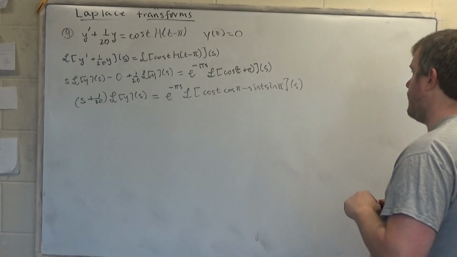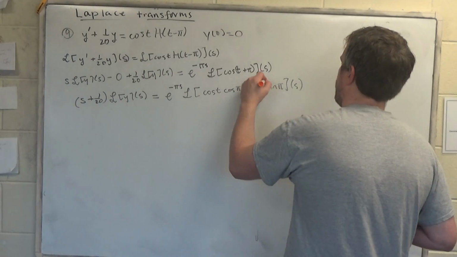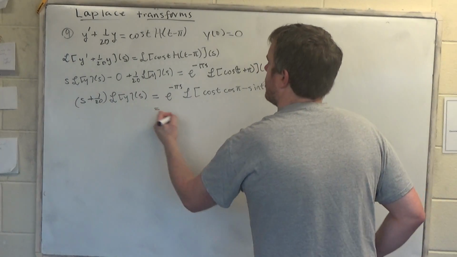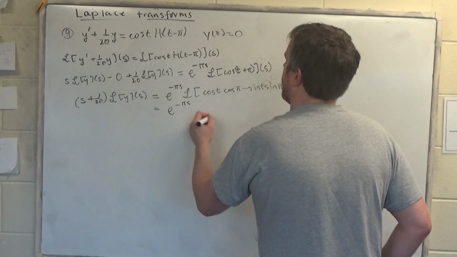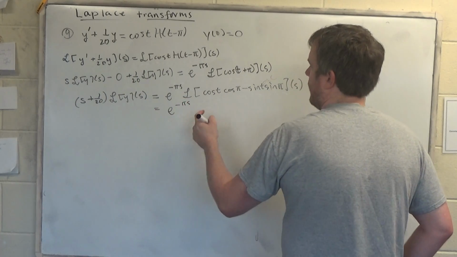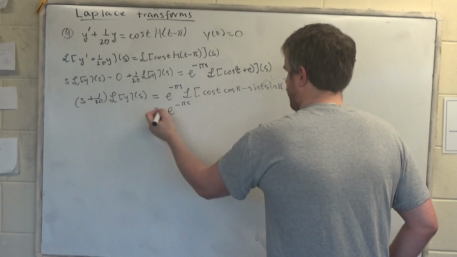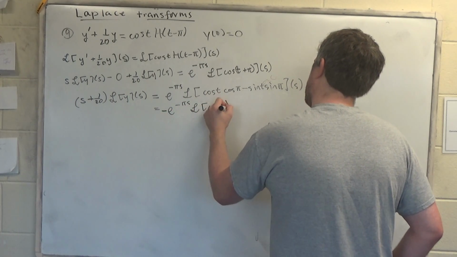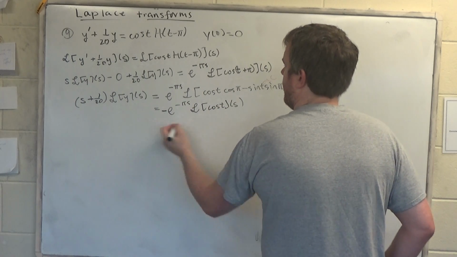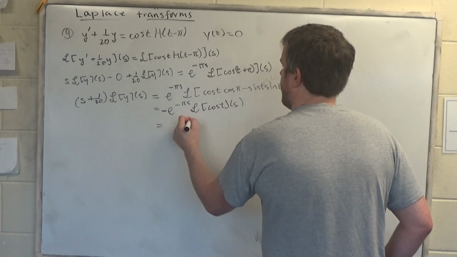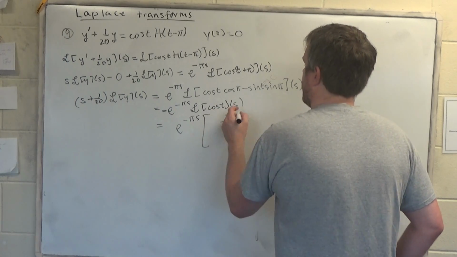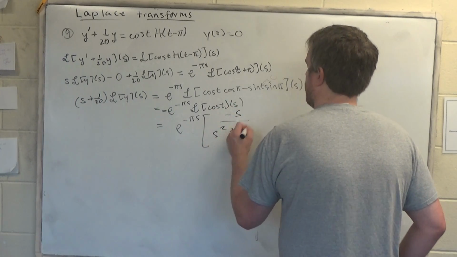And we're going to note that the sine of pi equals 0, so this term vanishes. So ultimately what we get is e to the negative pi s. Cosine of pi is -1, so negative Laplace transform of cosine of t. And this is equal to e to the negative pi s times negative s over s squared plus 1.